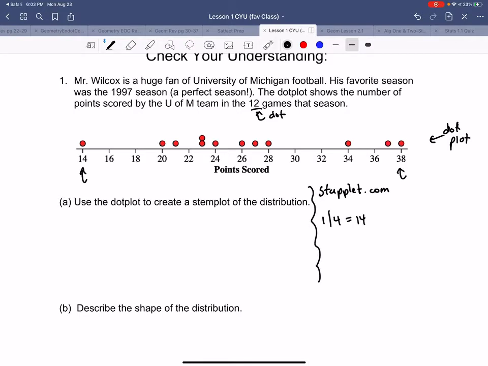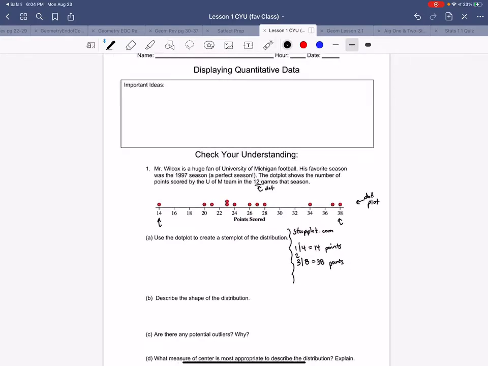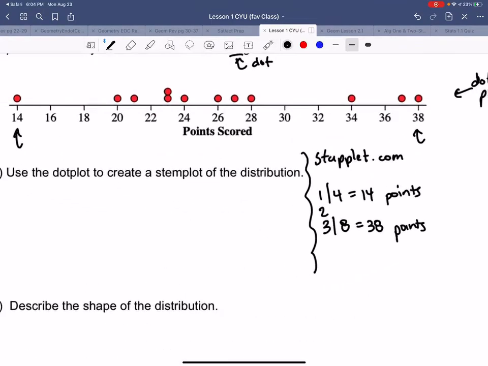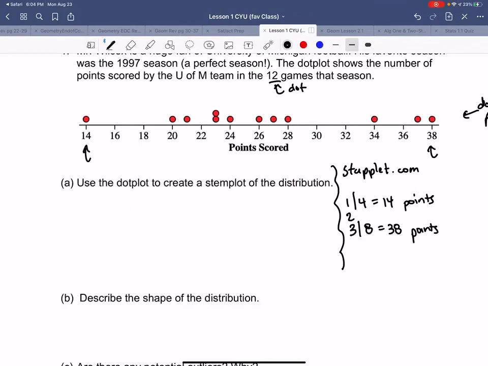My largest one would be this, and that would be 38 points, right? So I need to make at least a stem plot with 1, 2, and 3. In fact, if we did one like the one a minute ago, we had at least 4 stems. So I'm actually going to make one with more stems.